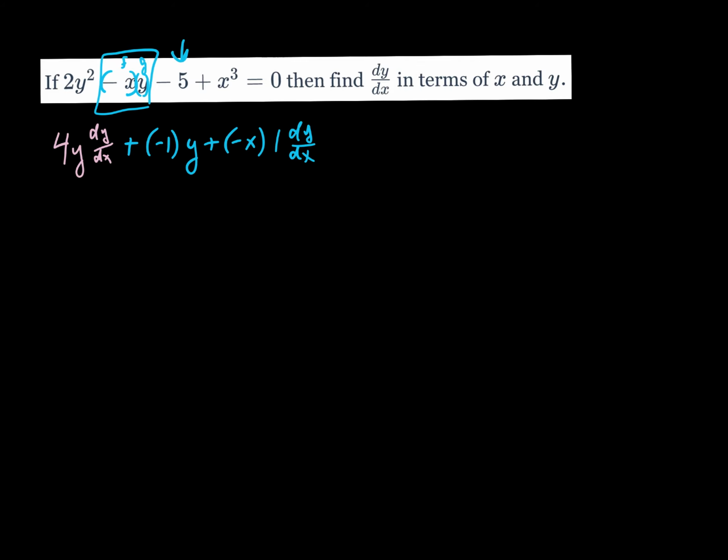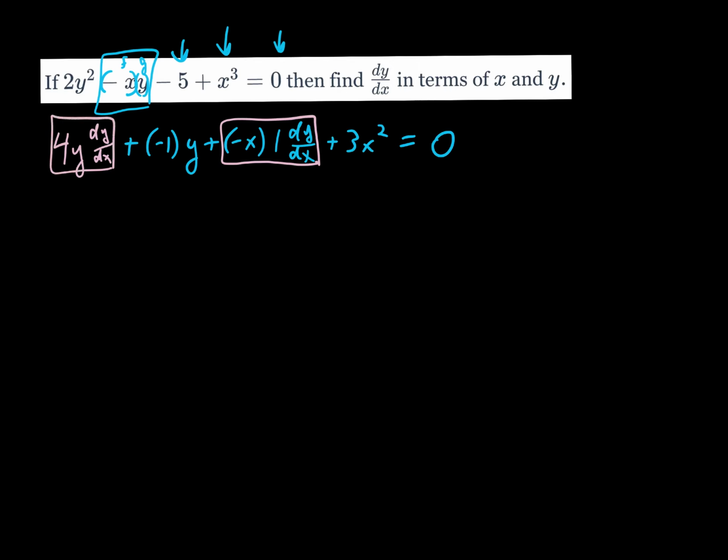The next term right here is a constant, that becomes 0, and this term right here is an x term, it becomes 3x squared. We do not need the dx over dx. The last term on the right here, that's a 0, that's a constant. Constants become 0. All right, let's clean this up. We have a dy/dx term right here and right here.